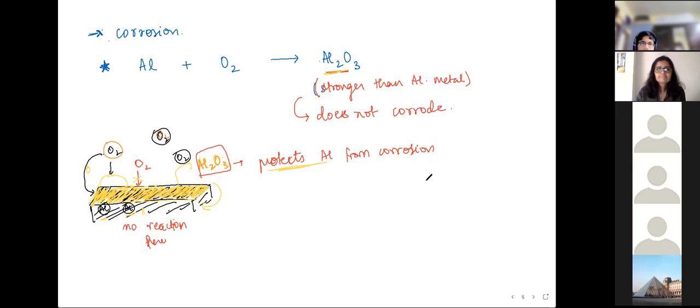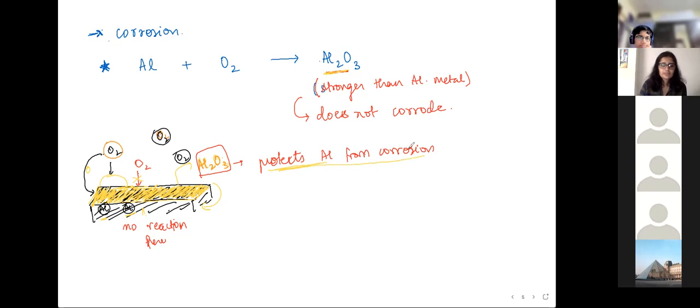Ma'am, I just had a question. When we use aluminum utensils at home, we burn them so many times, but they don't get even a dent on their downside. Why is that so? They're coated with something, no? Yeah, they're coated with a layer of aluminium oxide. Because aluminium oxide protects from corrosion, you don't have to put any special thing on them, like paint or grease or any other metal.